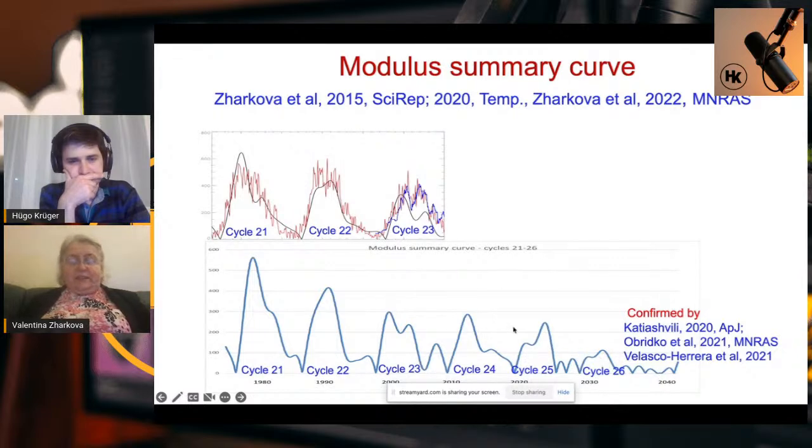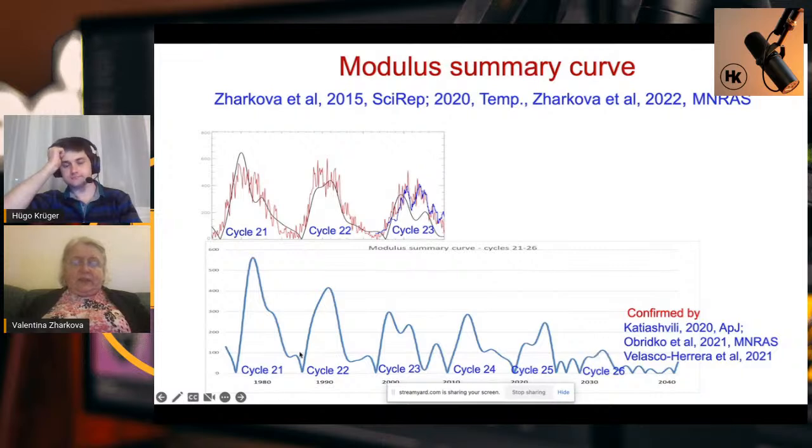What we discovered is that solar activity has to decrease very dramatically in cycle 25 and especially 26, by 70% compared to even cycle 24. So we predicted a decrease of solar activity of the type of the Maunder minimum, which happened in the 17th century.